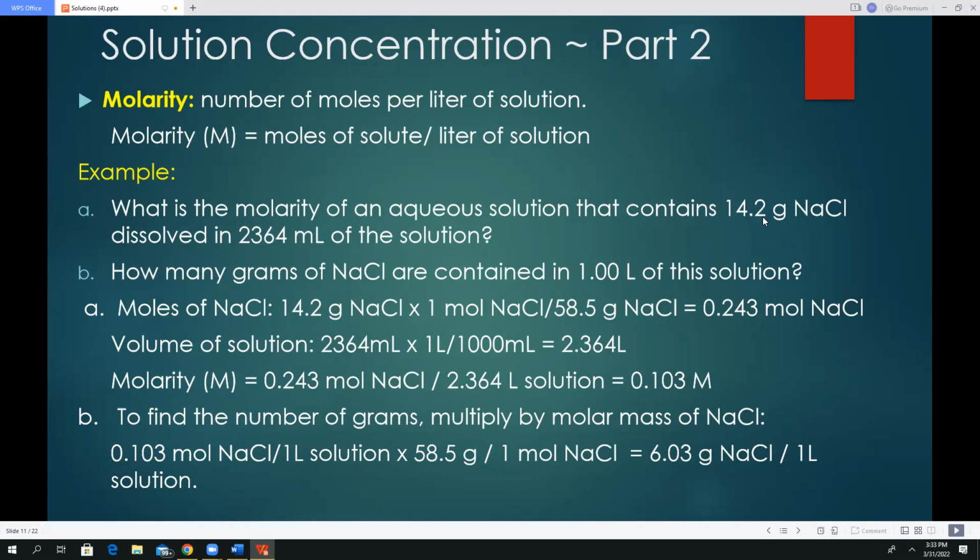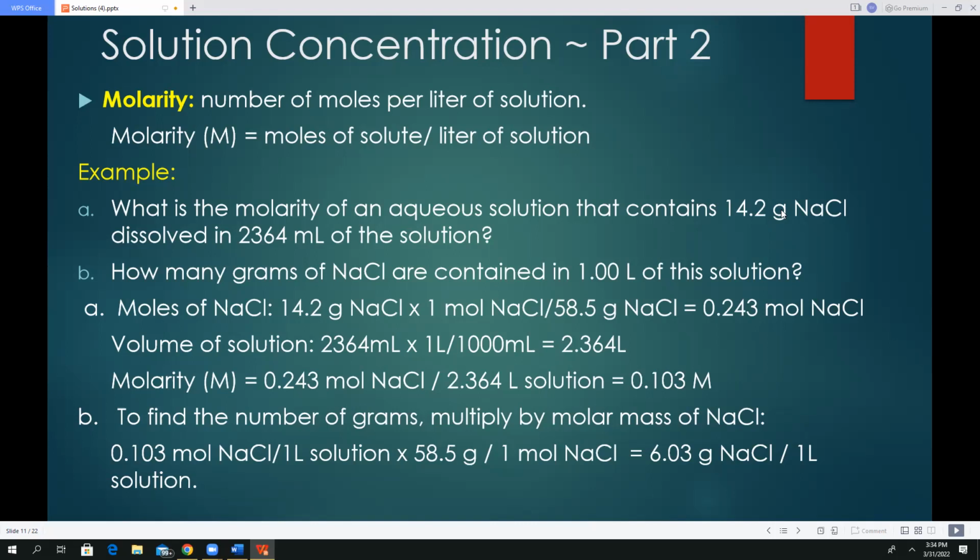All right, so your answer, first of all, you need to change that to moles. You notice that it says 14.2 grams of sodium chloride. So that's your first thing, is you turn that to moles. How do you do that? Well, you use molar mass. That's why we did mole conversions last class.